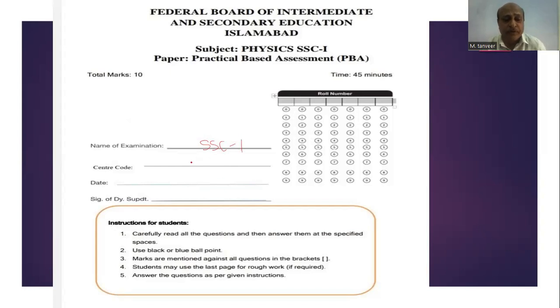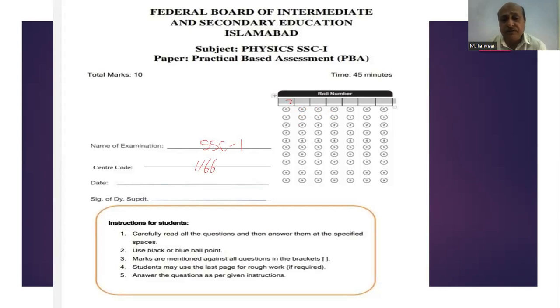Then the center code, suppose your center code is 1166. This center code is written on your roll number slip. Next, you have to write the date of that practical. Here you have to write your roll number, and then you have to highlight this roll number.